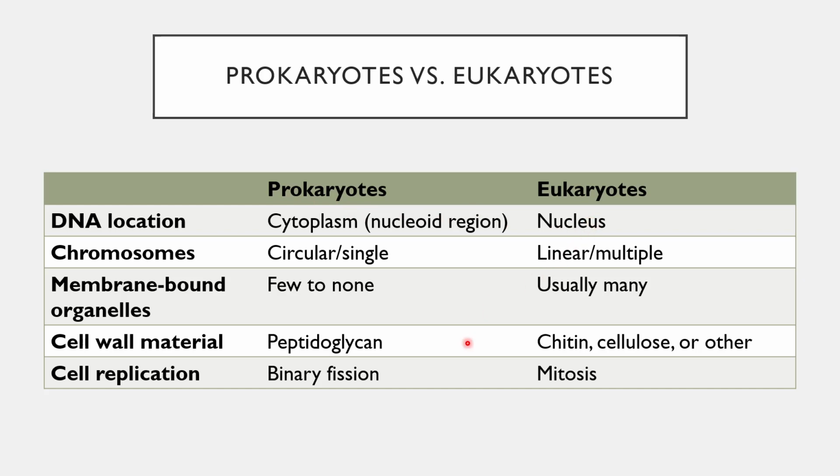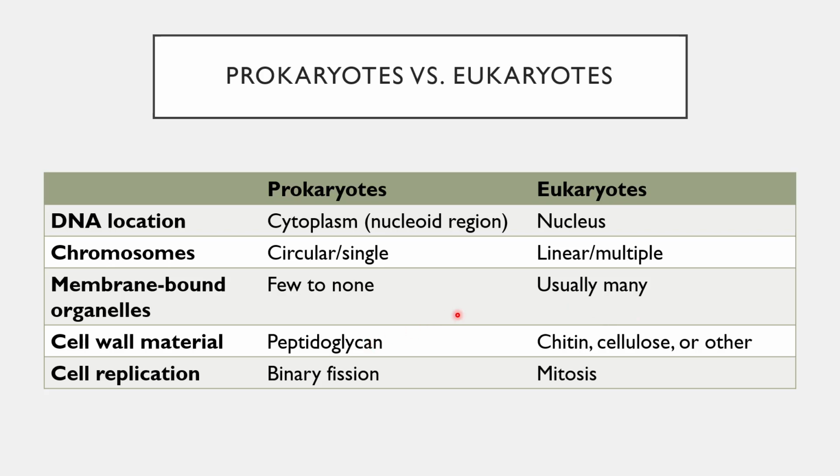For example, prokaryotes have a singular circular chromosome, whereas eukaryotes have multiple linear chromosomes. Prokaryotes typically have few to no membrane-bound organelles or internal structures, whereas eukaryotes typically have many.